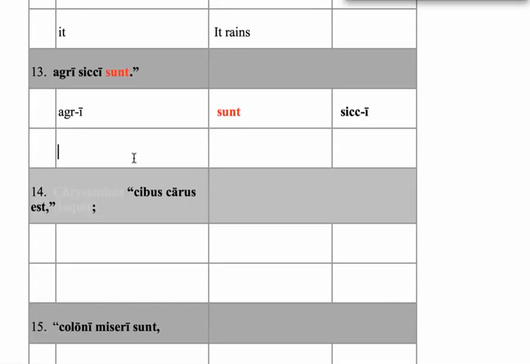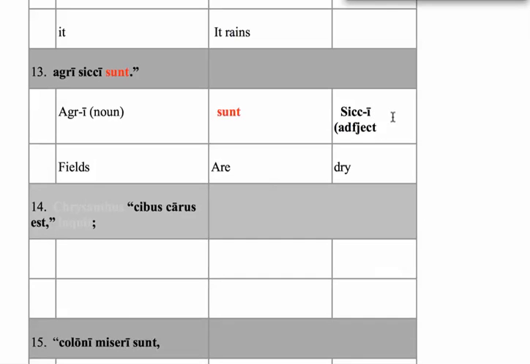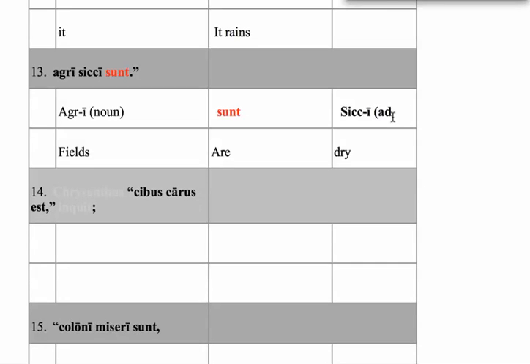Okay, so the translation will be fields are dry. Okay, so the pattern is noun, verb, adjective. Okay.